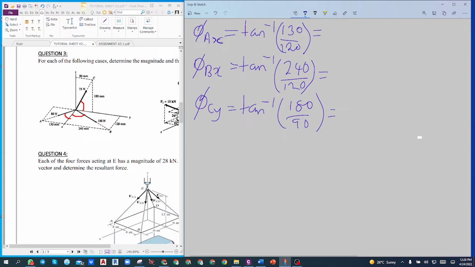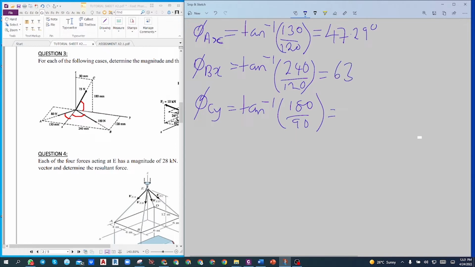Okay. If you do the calculation, let me punch it on the calculator. I think this will take long, so maybe I have to skip this part. Alright. So now this is 47.29 degrees.